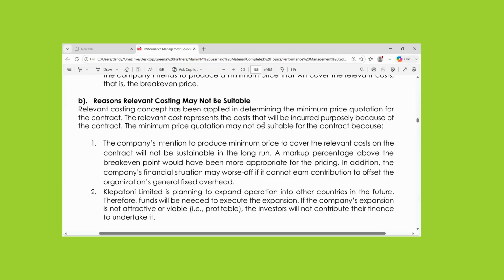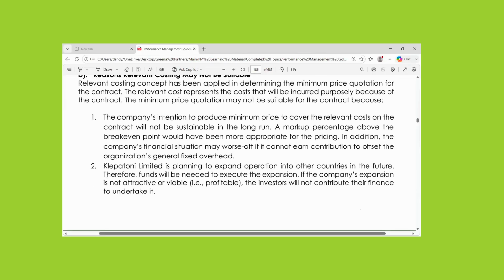The minimum price quotation may not be suitable because the company's intention to produce a minimum price to cover relevant costs on the contracts will not be sustainable in the long run. A markup percentage above the break-even point would have been more appropriate for the pricing.